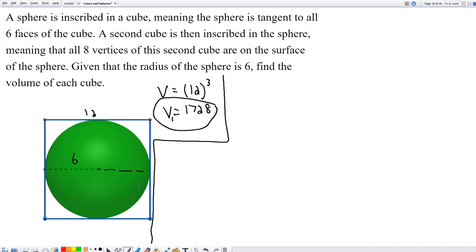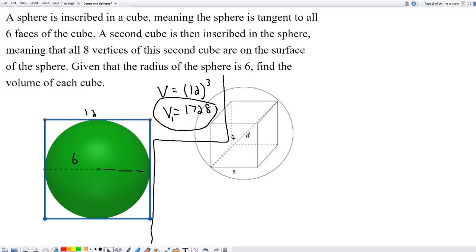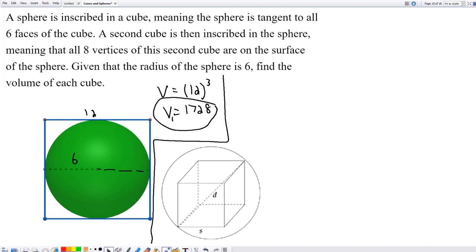Now we want to examine the case of the second cube, where the cube is inscribed inside of the sphere. Now this one's a little more difficult to visualize, so it's going to look something like what we have here, where now imagine this sphere is encompassing the entire cube, and the center could be right here.